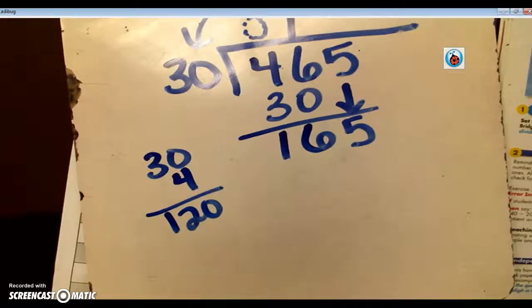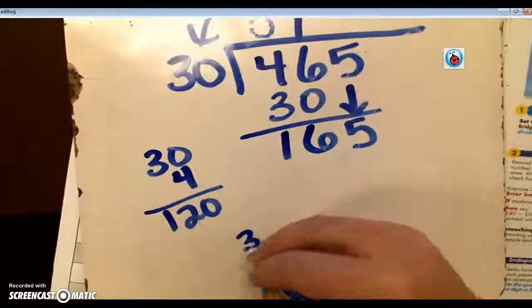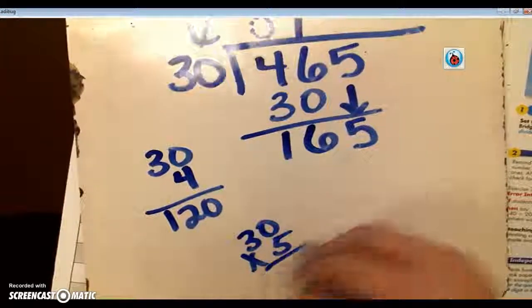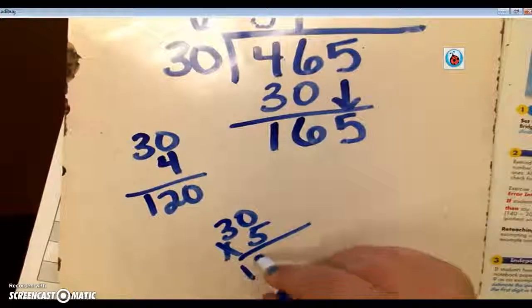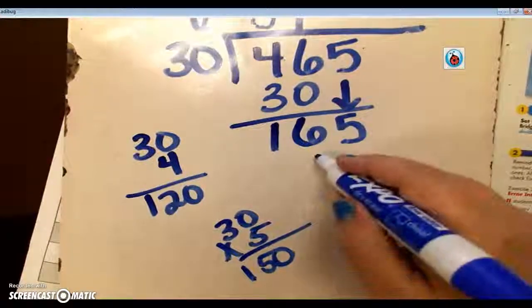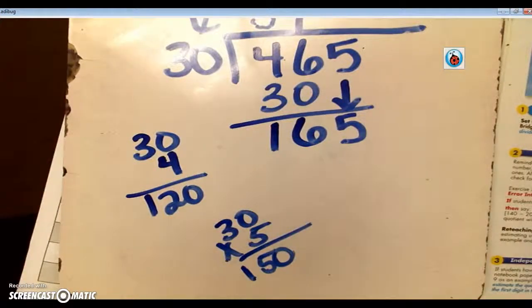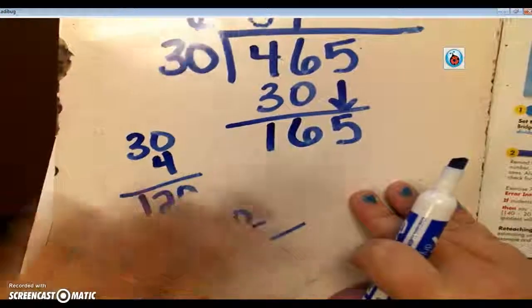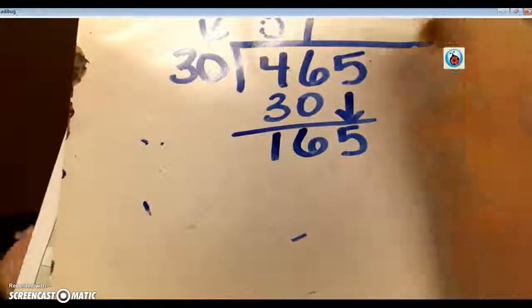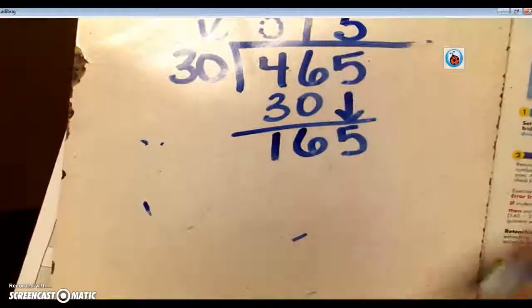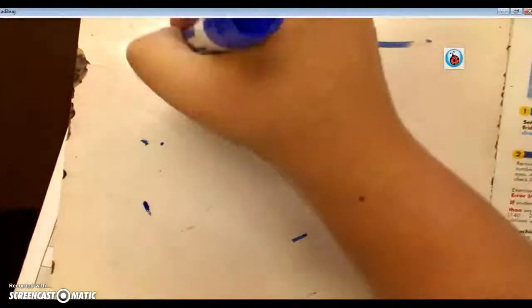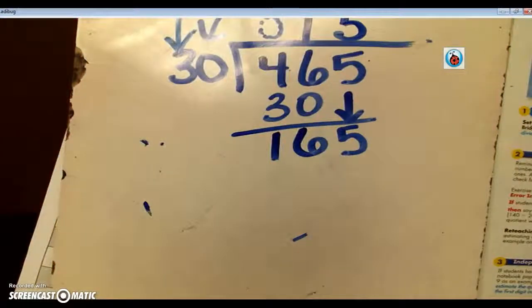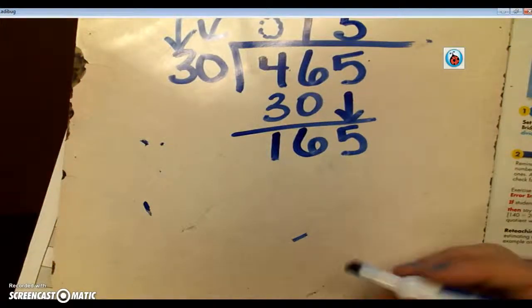I can go higher because my number is 165, so I might take 30 times 5. 30 times 5 gives me 150. I'm trying to get to 165. Do I have room to put in another 30? Absolutely not. So, 5 goes above the 5 that I carried down. 5 times 30 gave me what? 150.